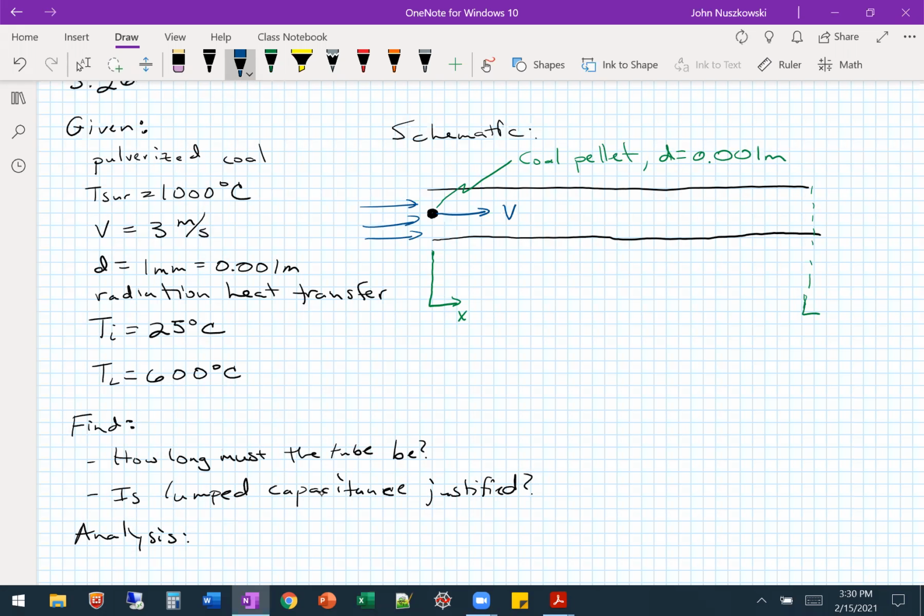The surface is 1,000, and we have T_L, and then right here is our T initial.